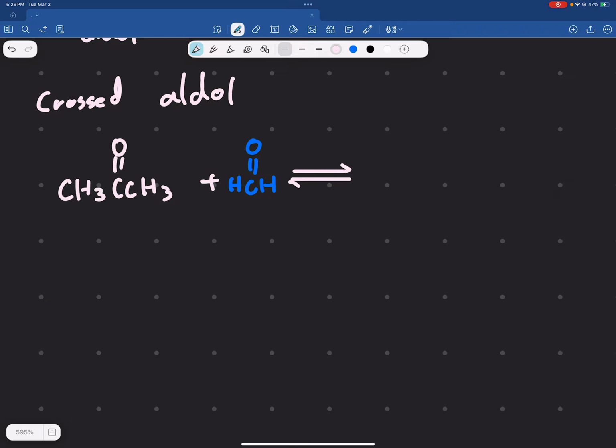It's two different molecules, and it's going to form a product under acid or base, but in this case it is base. It's going to form this product here.